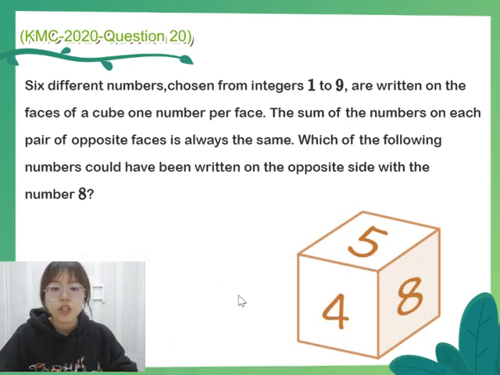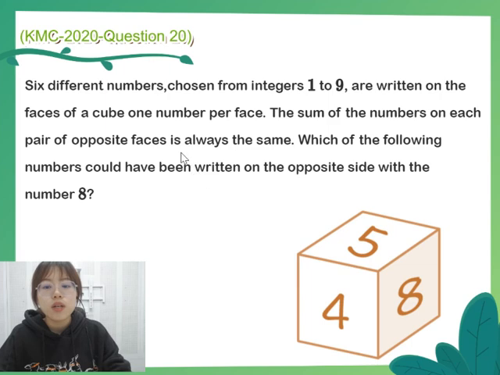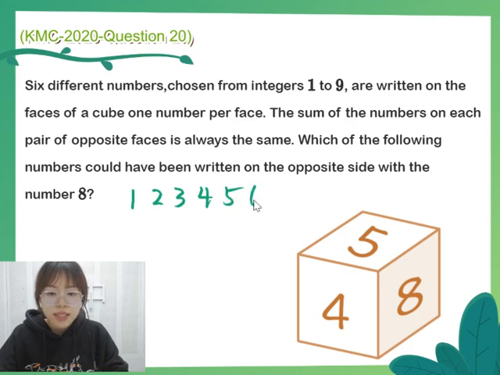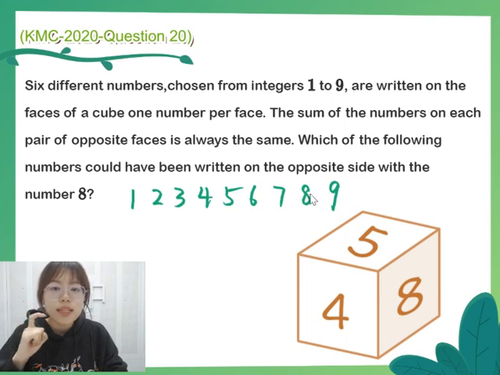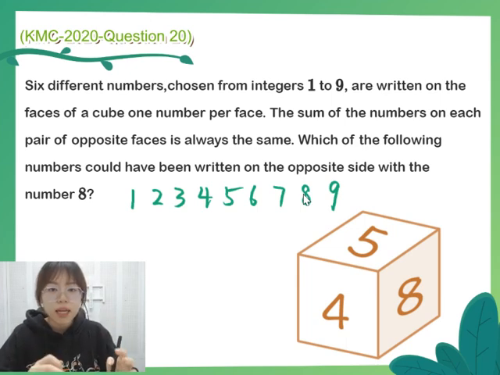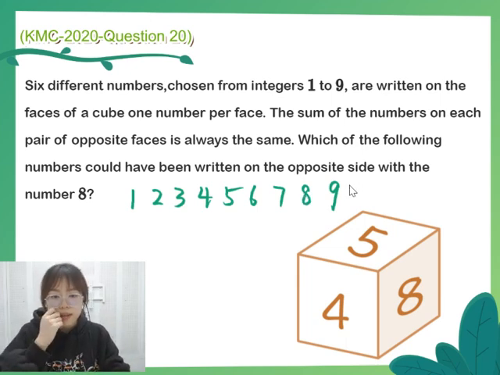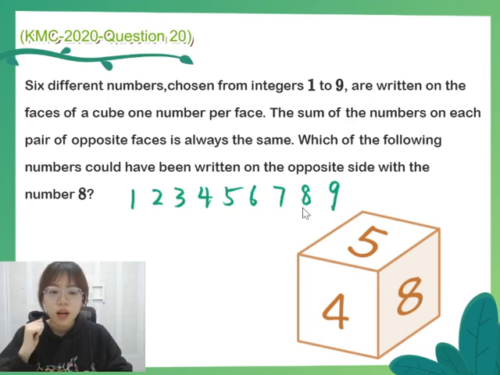So maybe we can just write down all these numbers: 1, 2, 3, 4, 5, 6, 7, 8, and 9. So we have 9 numbers, and we only choose 6 numbers to write on the faces. Okay, so let's see how we write it.